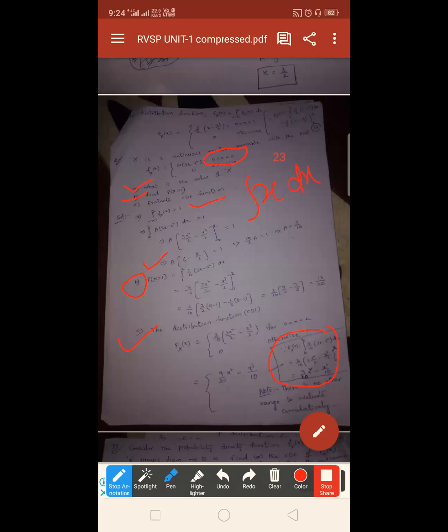That is circled here. Cumulative distribution function is equal to integral 0 to x of small fx of x dx. Small fx of x is a into 3x minus x square, small a value is 3 by 10. So 3 by 10 into 3x minus x square dx. Why should we write small x instead of the upper limit?